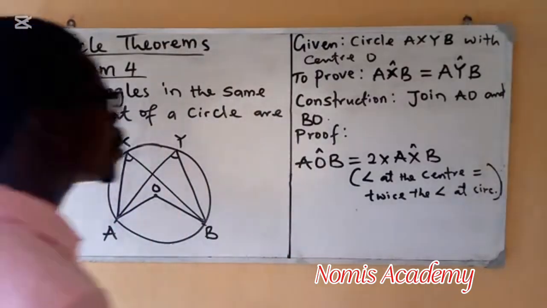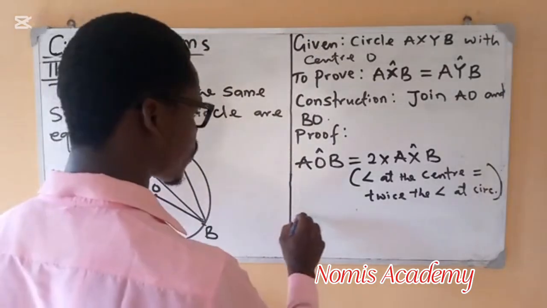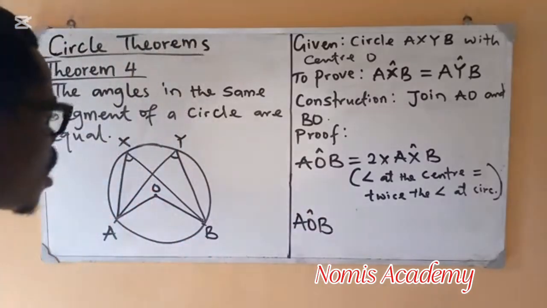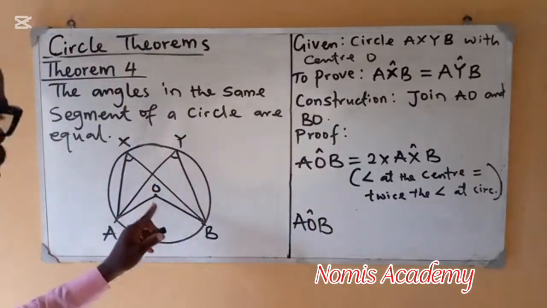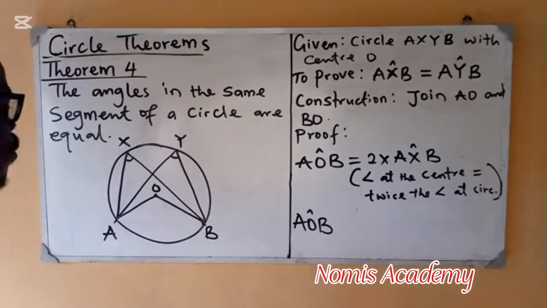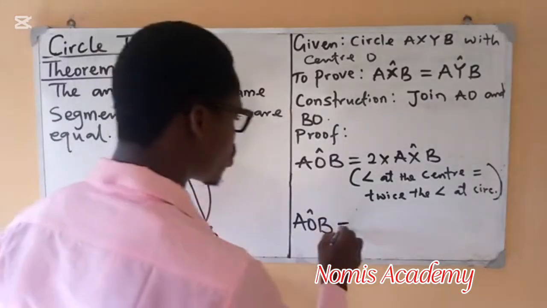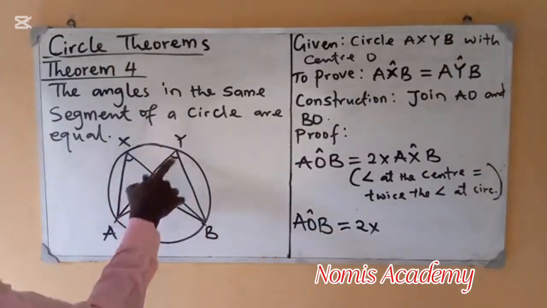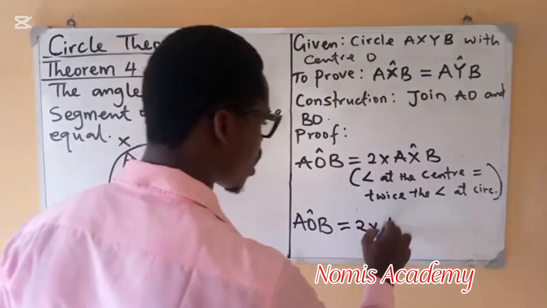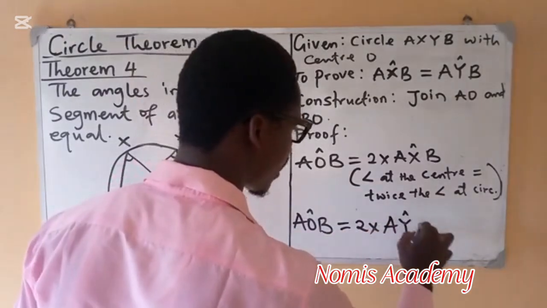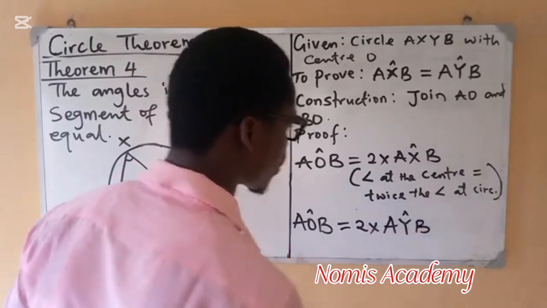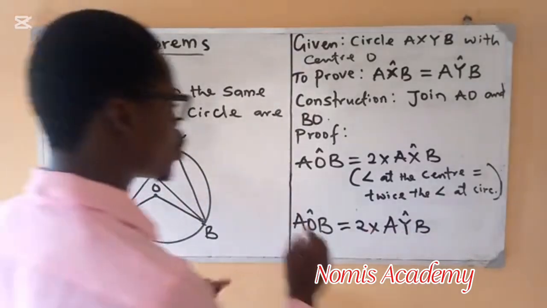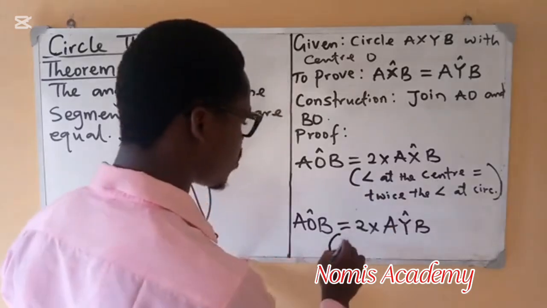Also, again, we have that AOB, as you can see, that is angle formed at the center of the circle, is also 2 times bigger than the angle at Y, which is AYB, as we saw it in Theorem 2. So we also make the same statement.